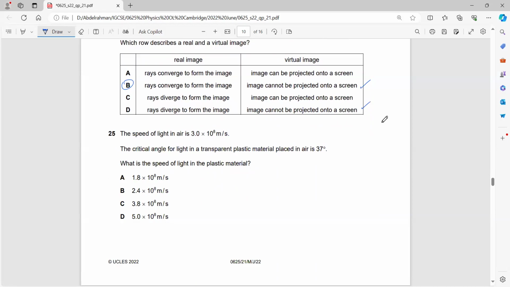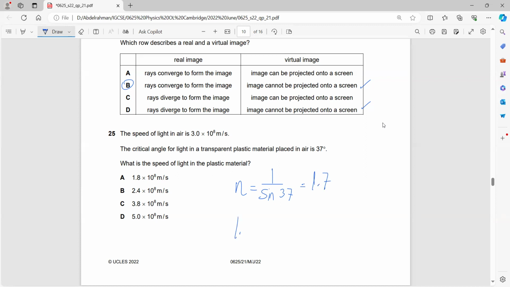The refractive index. How can I calculate the refractive index if I have the critical angle? 1 over sine C, 1 over sine 37, which would be 1.7.